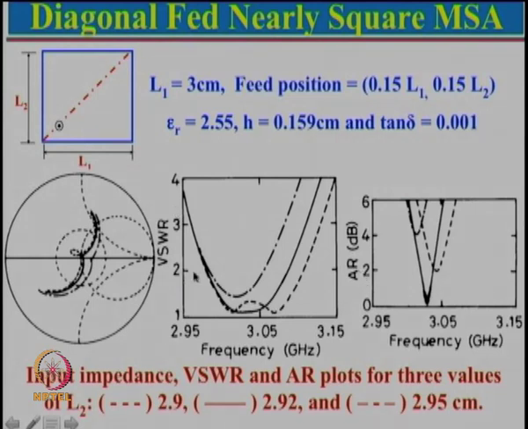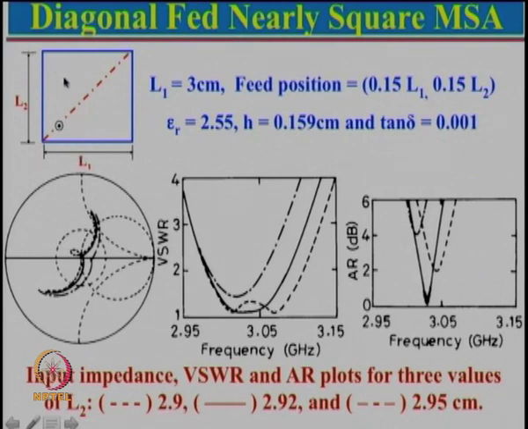So, large VSWR bandwidth is not useful, because in this case it will be horizontally polarized, then this will be linearly polarized. Only in this region we are getting circularly polarized, given by that axial ratio over here. So, this particular configuration gives us LHCP, left hand circular polarization.